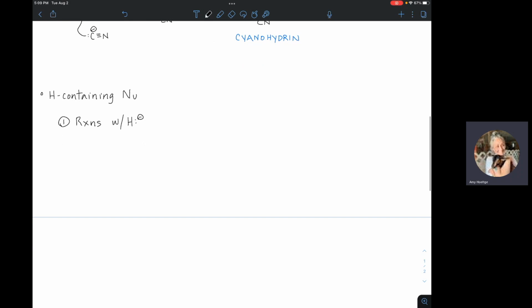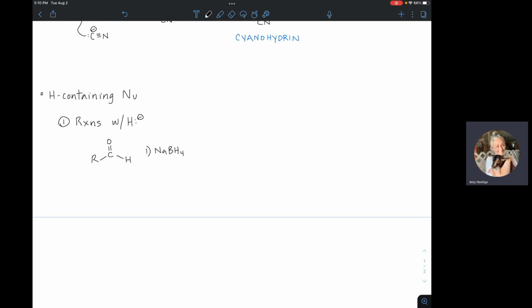So I can take either an aldehyde or a ketone, and I can react it with a source of H minus. We have a variety of those. Sodium borohydride is a pretty famous one.